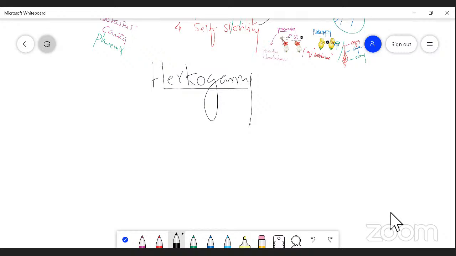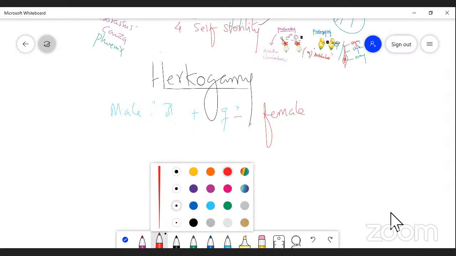Dear students, ergogamy is a type of cross-pollinating arrangement in which the stamen and the gynoecium are positioned in different directions. The symbol designates the male flower and this the female flower. Both male and female flowers originate in different directions of the flower. That is called ergogamy.